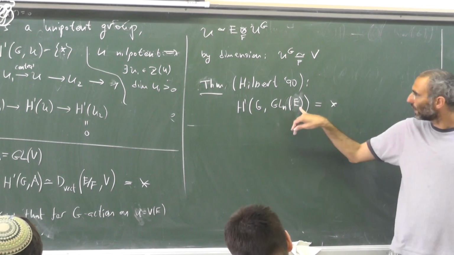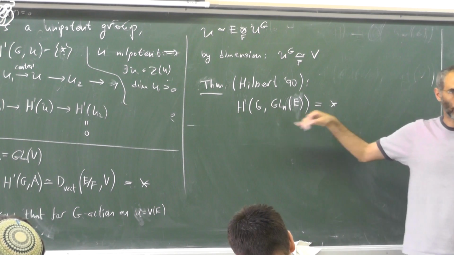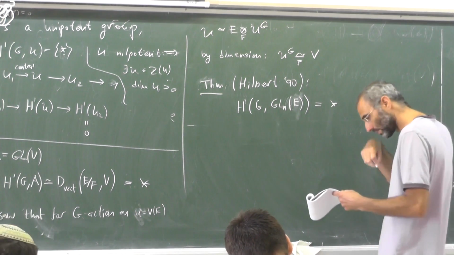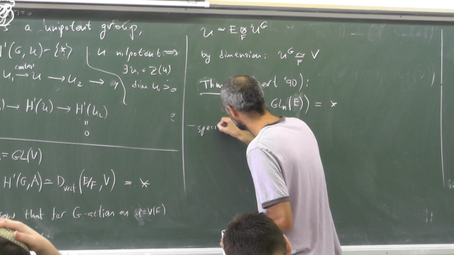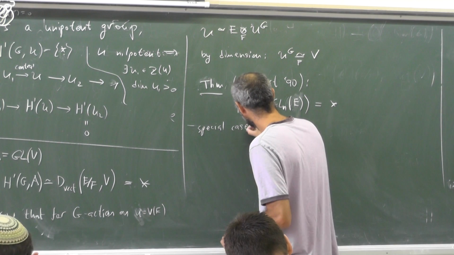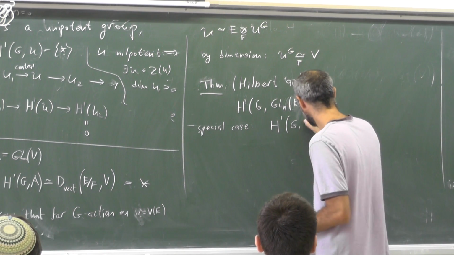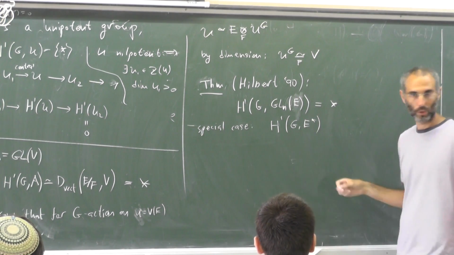In the case of n equals 1, this is just E star, the usual form in which Hilbert 90 is stated. And of course, in that case, this is an abelian group, and this is standard group cohomology.